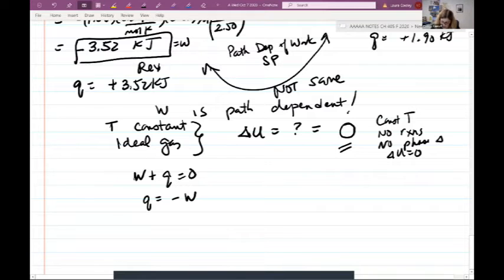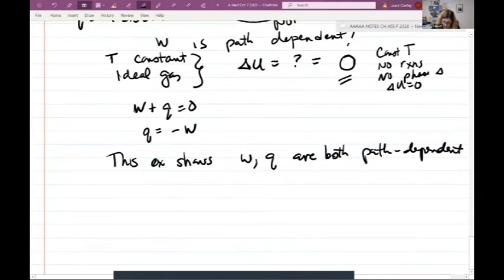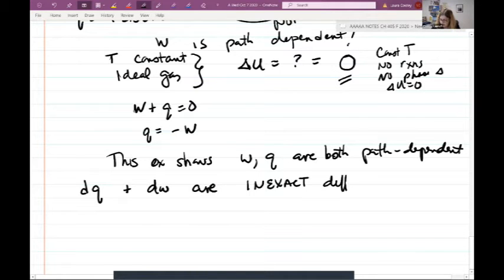So this example shows that W and Q are both path dependent. How do we indicate that their differentials are not exact? First of all, we say that dq and dw are inexact differentials.